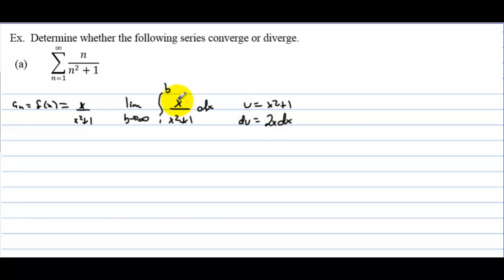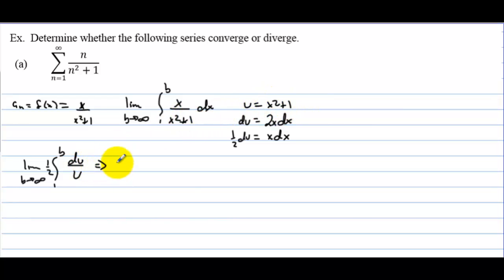And then we don't have a 2 up here. We have 1/2 du is equal to x dx. Now we have the limit as b approaches infinity of the integral from 1 to b of 1/2 du over u. The x squared plus 1 is the u.